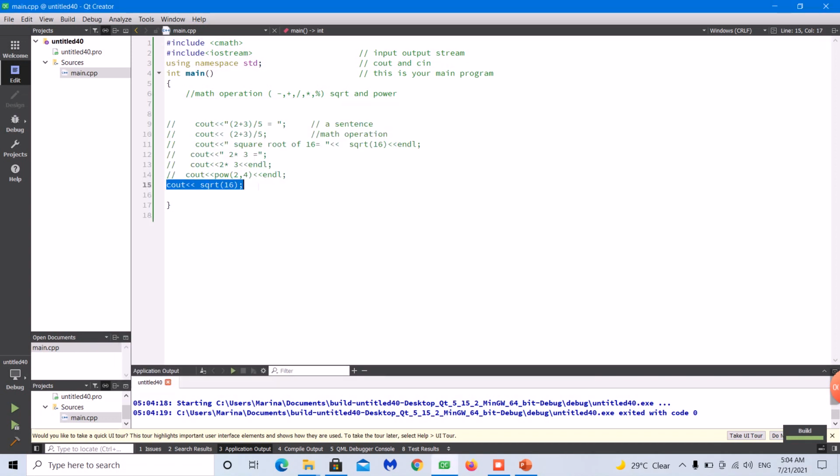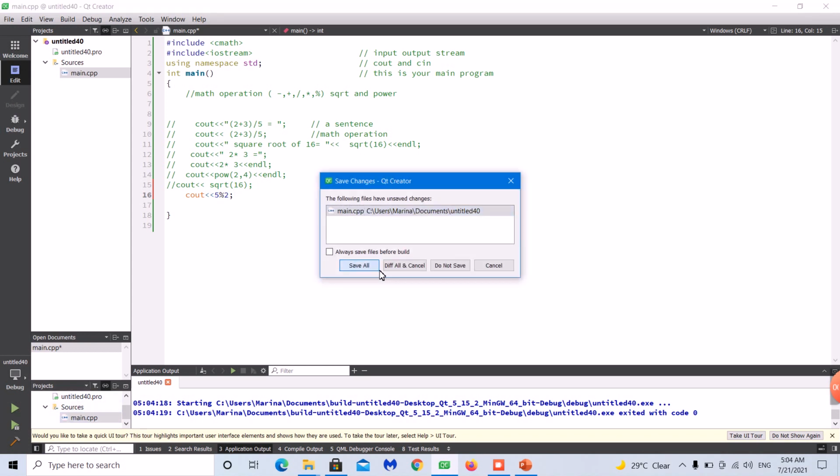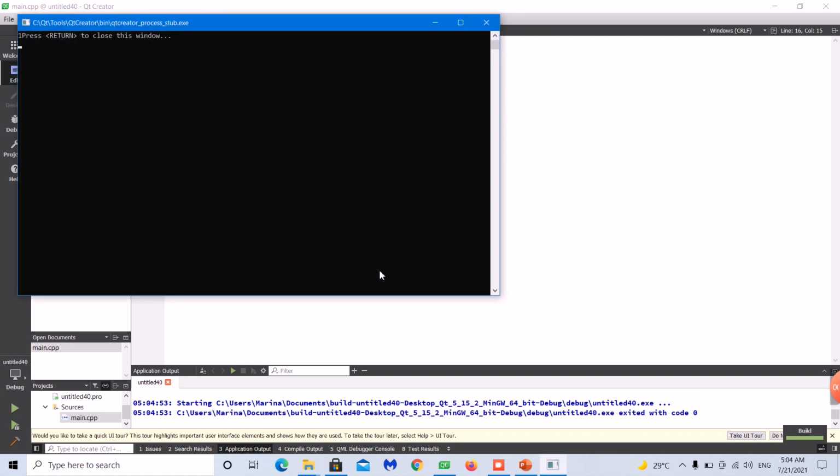The last thing I want to introduce is the modulus. If you know the long division, if I set 5 modulus 2, it's going to be 1. Let's see. And 1.